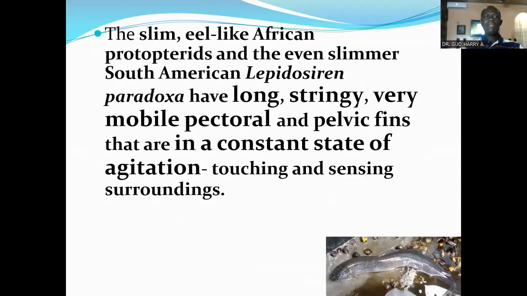African lungfishes are slim, eel-like in shape, and there are even slimmer species, the South American Lepidosiren. They have long, stringy, very mobile pectoral and pelvic fins that are in a constant state of agitation, touching and sensing the surroundings.